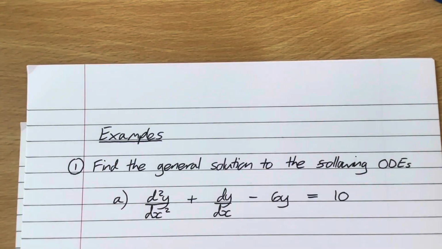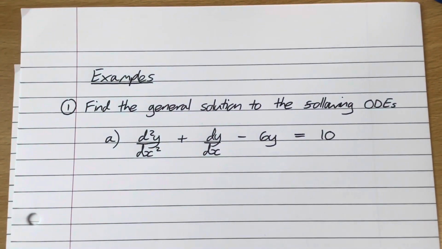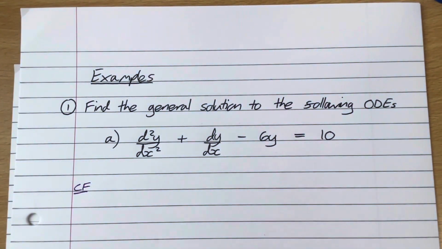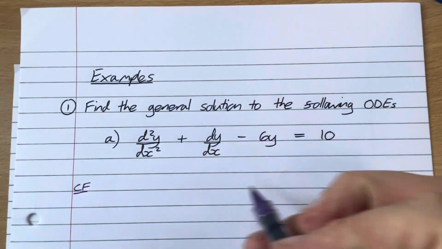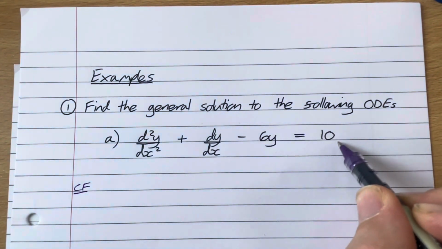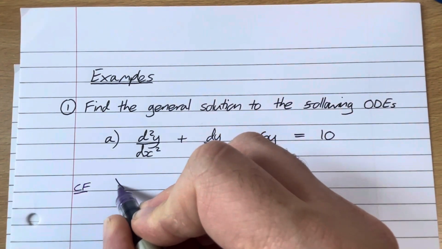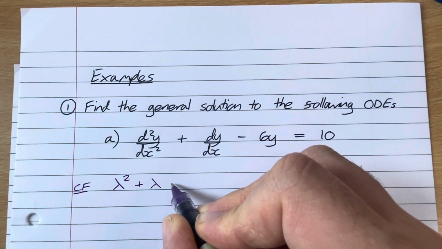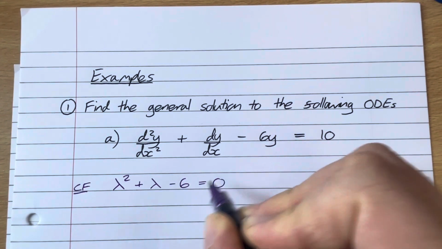Let's see this in action. Let's find the general solution to some differential equations. We're going to start with the complementary function, so I'm going to write CF on the left-hand side of my page. To get the complementary function, I'll pretend that this is the homogeneous case, so in this case the 10 is actually a 0. I'm going to follow the theory taught in previous videos. So lambda squared plus lambda minus 6 is 0.